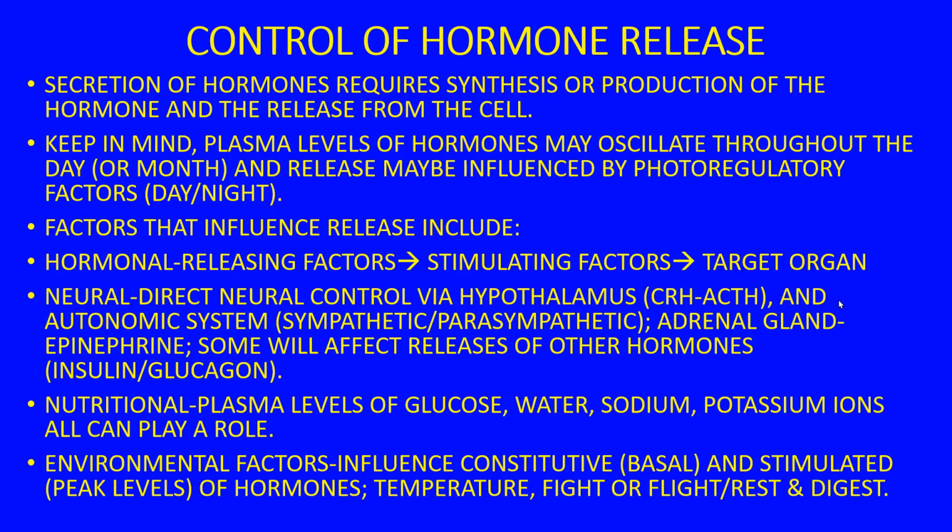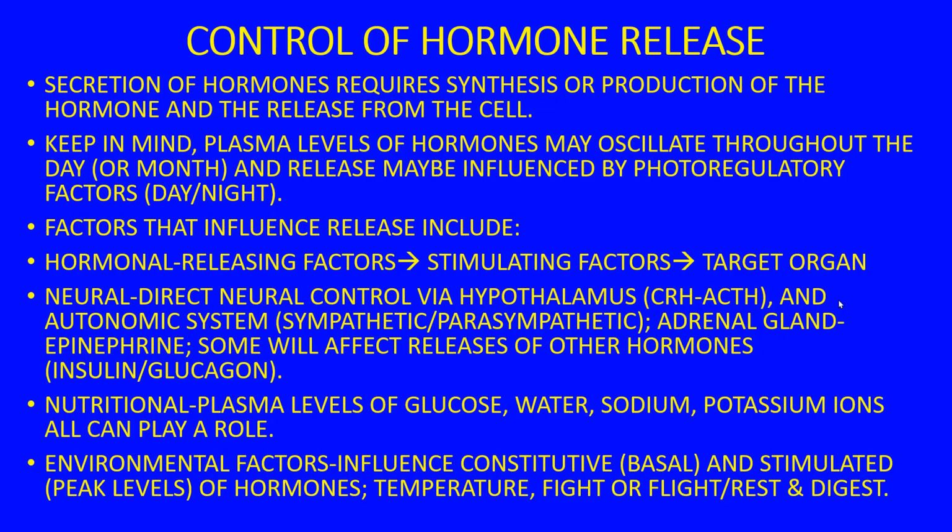When elevated levels of thyroxine occur here and here, these hormones, the TRH and the TSH, will decline. And as they decline, that will reduce the amount of thyroxine released into the body. That's a negative feedback that I've shown you.